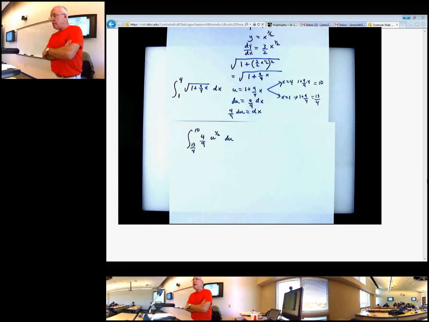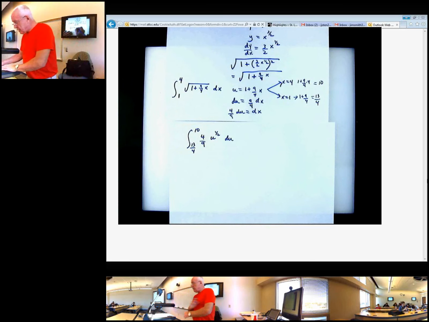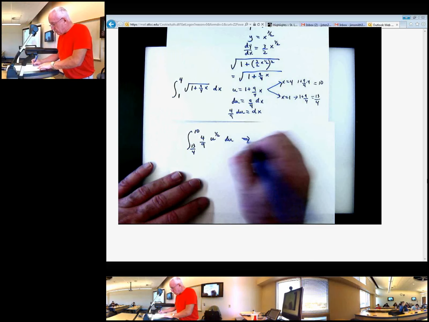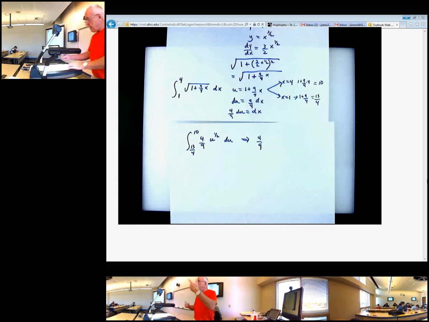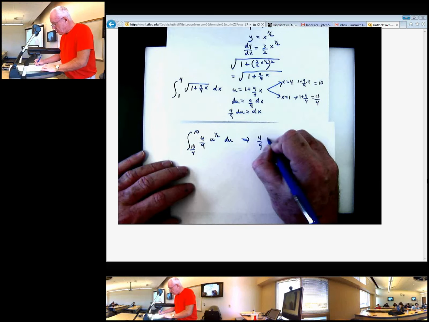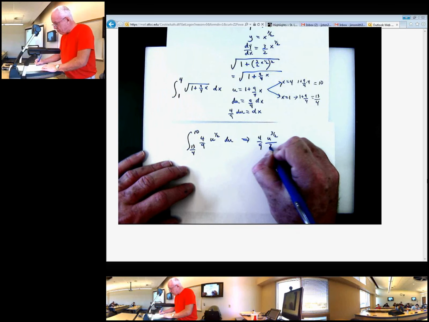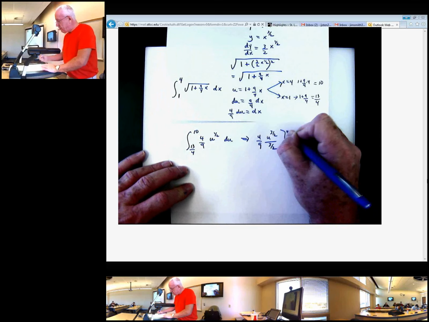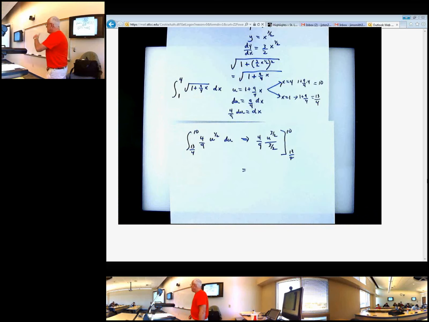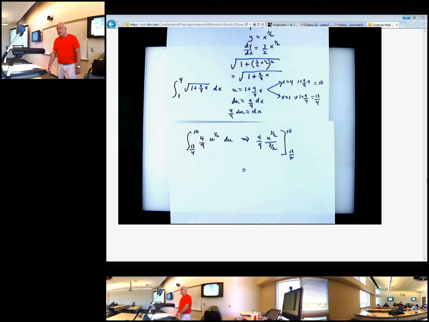Okay, so now we just have a simple integral to get. So the antiderivative, we're going to keep the 4/9. It's going to be u to the 3/2 power divided by 3/2, and we're going to go from 13/4 to 10. And let's simplify that fraction in the denominator.